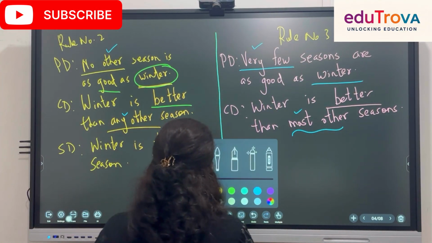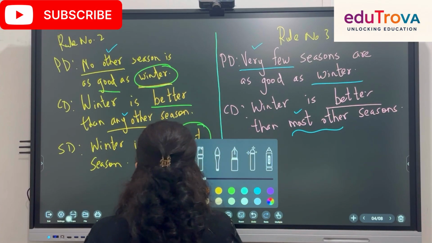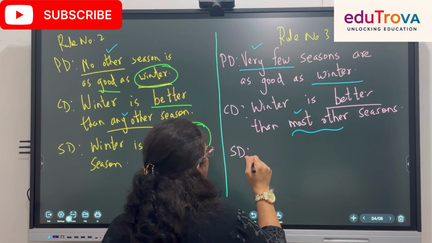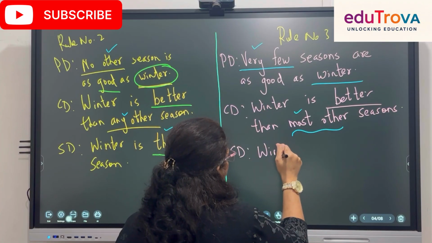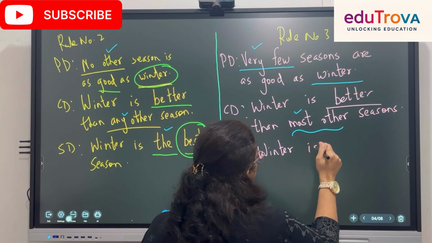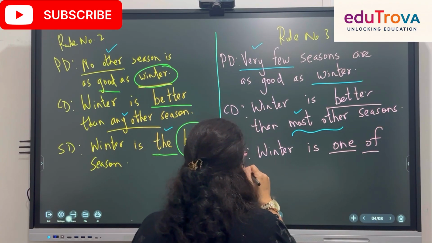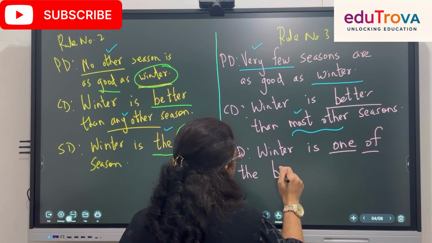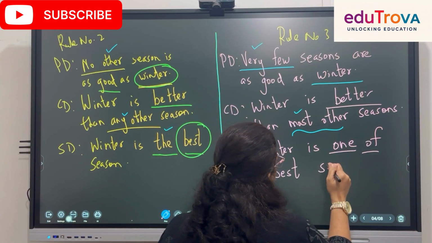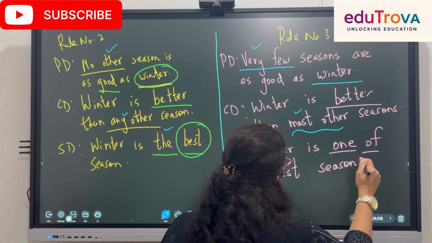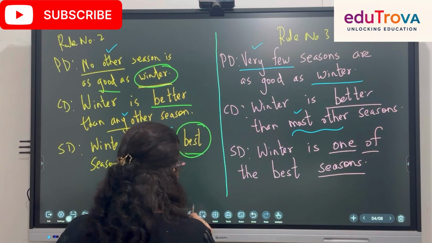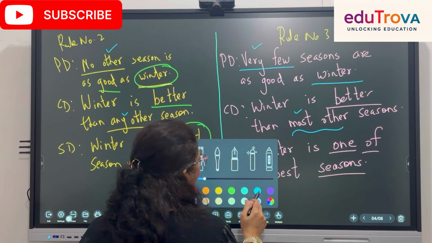Now I will take superlative degree. In superlative degree, again I will begin with winter. Winter is one of the best seasons. All the nouns will be in plural form.